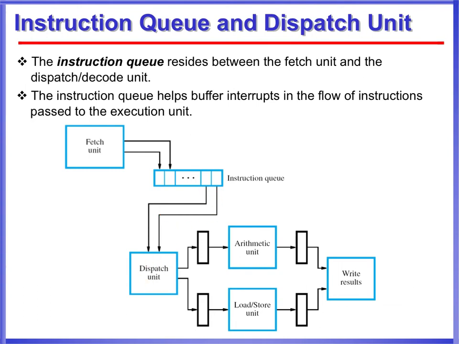We'll be going to a dispatch unit, and the dispatch unit looks at these 2 instructions and says, okay, I know what these 2 are. I can send them on 2 different paths through my assembly line, through my pipeline, okay? Typically, most of our instructions are of 2 basic types. Either we're computing something, like adding 2 numbers together or subtracting 2 numbers, or we're going to memory to either read or write.